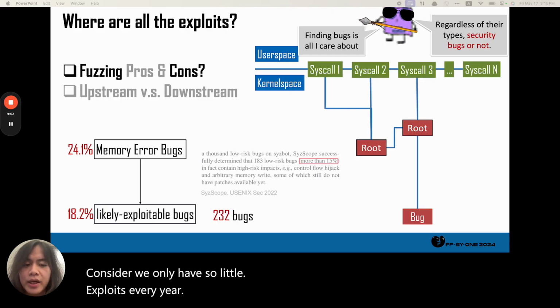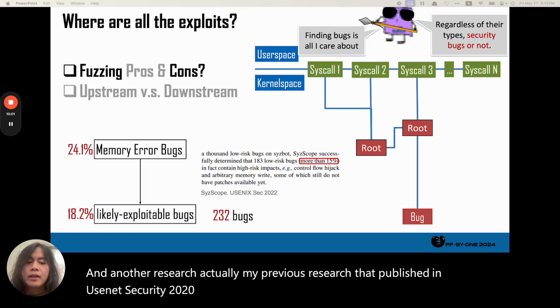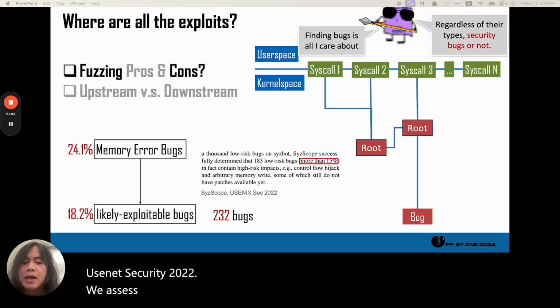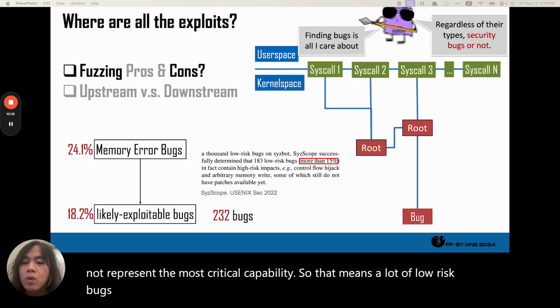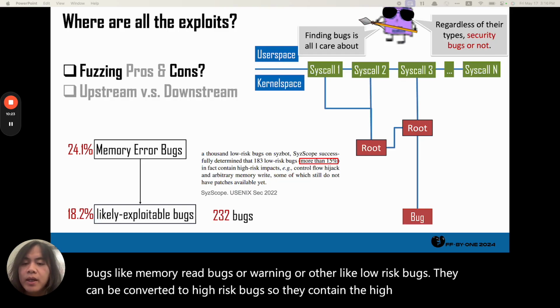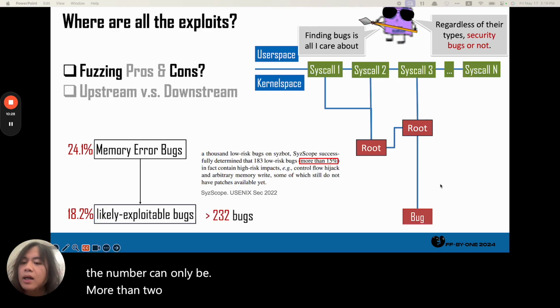And in another piece of research, my previous research published in USENIX Security 2022, we assessed the bug capability, and we realized the bug's initial capability does not represent the most critical capability. That means a lot of low-risk bugs, like memory read bugs or warnings or other low-risk bugs, can be converted to high-risk bugs, so they contain the high-risk capability. The number can only be more than 232 likely exploitable bugs.